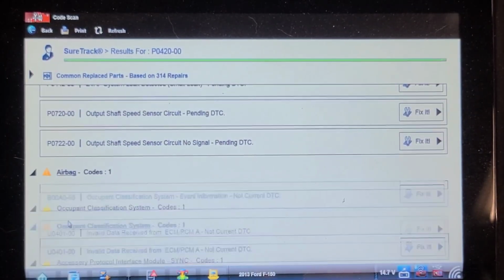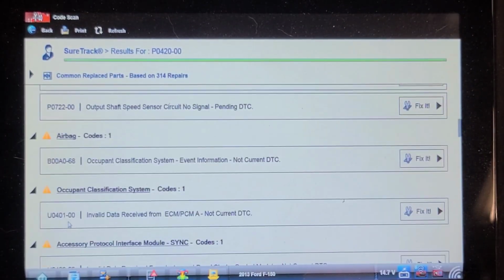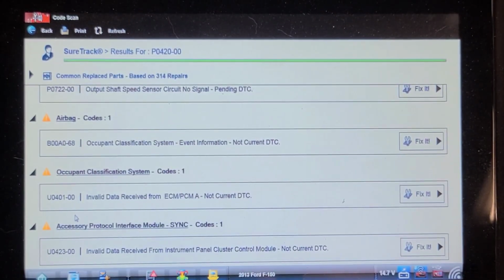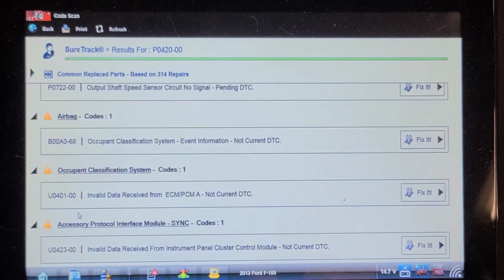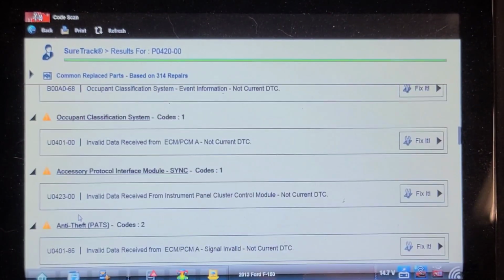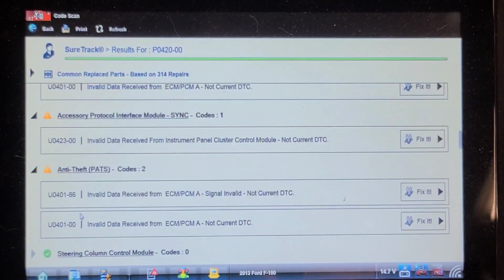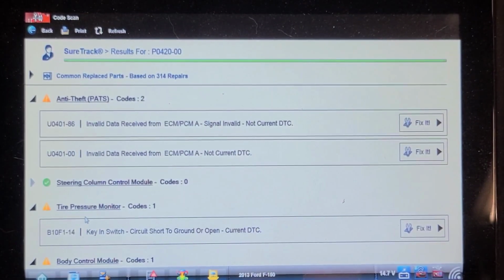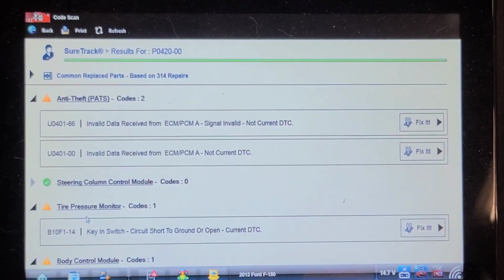Airbag has a code. This U0401, invalid data received from the ECM/PCM, is probably due to the transmission problem. Key and switch circuit. It's probably got an aftermarket car starter.